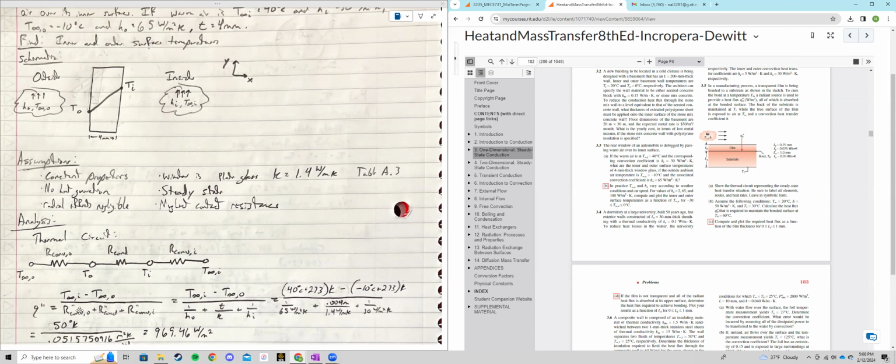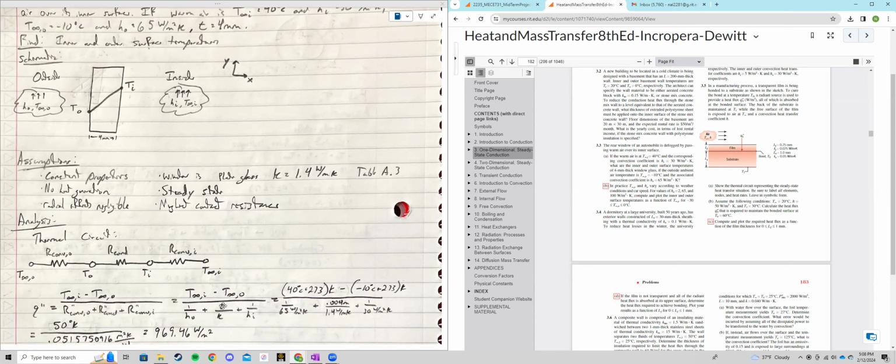As you can see, our convection of the outside turns into 1 over HO. That is going to be replaced by the 65 watts per meter squared Kelvin. The thickness over K is your conduction value, the resistance.